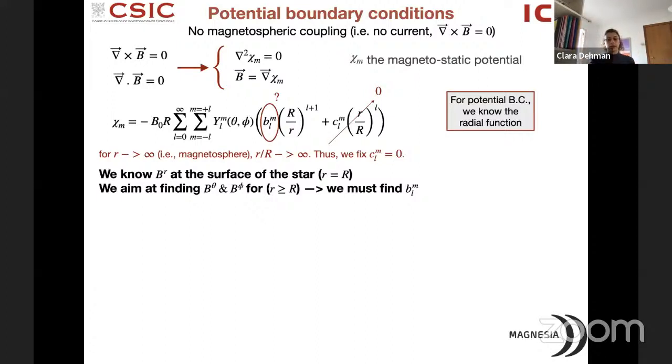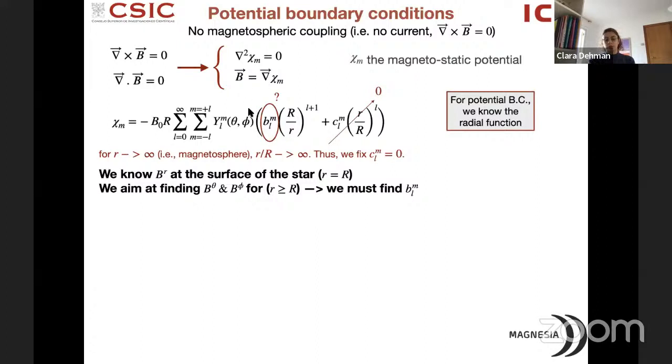Under this assumption, called the potential boundary condition, the magnetic field can be written as the gradient of a magnetostatic potential. The magnetostatic potential is a scalar function that can be defined in terms of spherical harmonics, some radial function, and this B_lm. These are the weights of the multipoles, and we need to determine them in order to construct our boundary condition.